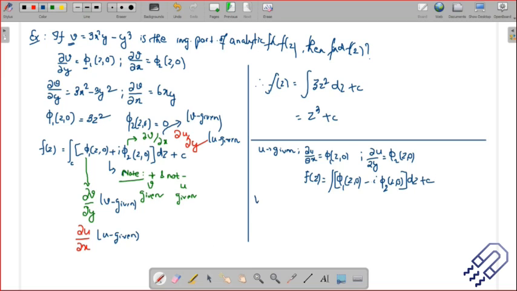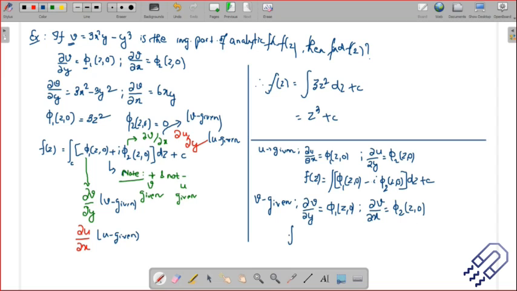Right, now let's say u is not given, v is given, then it changes, and we have got del v del y. The first function, that means phi 1, is with respect to y and not x. This is phi 1 of z, 0, and if we take del v del x, that would be the second function, phi 2 of z, 0.